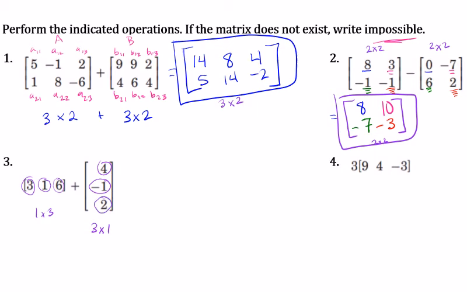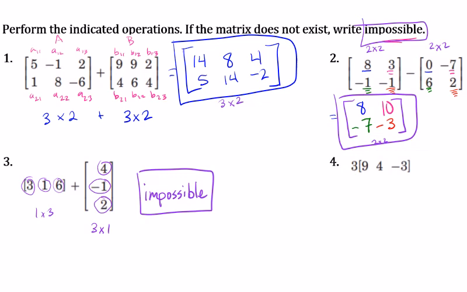And so we can't do that. So that's where impossible comes in, okay? So here we're just going to write impossible. Okay, or you can write does not exist. I've seen DNE before.